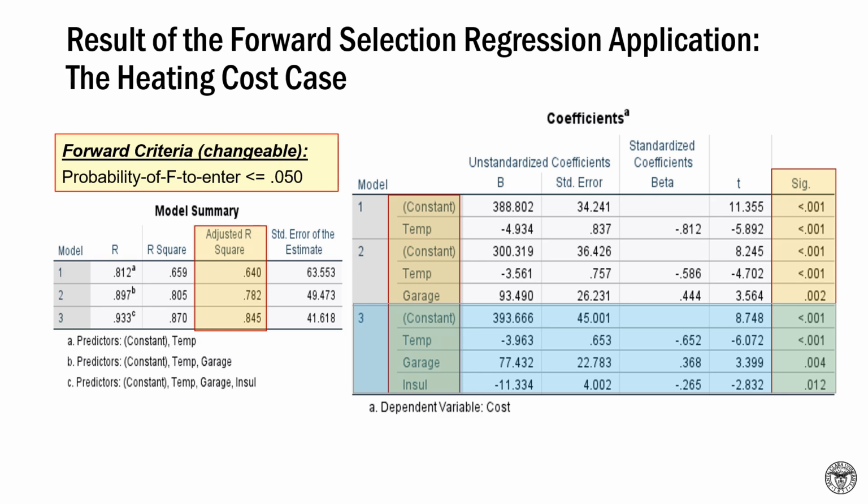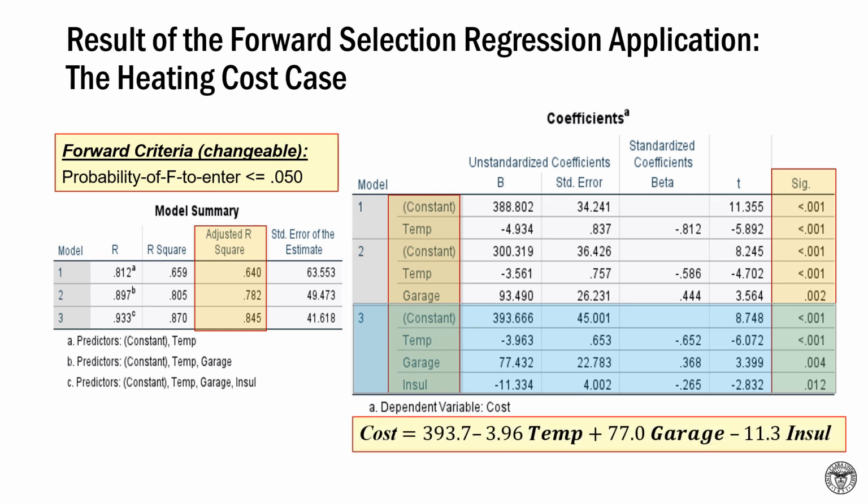Because the fourth independent variable, age of furnace, does not contribute significantly to the overall goodness of fit of the regression model, the procedure stops after including the three independent variables.